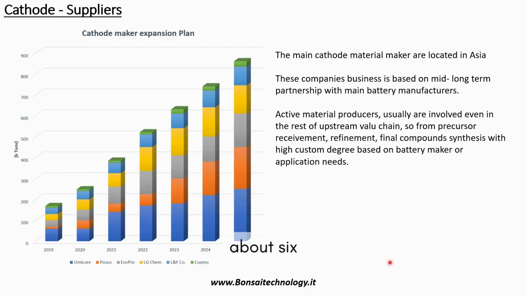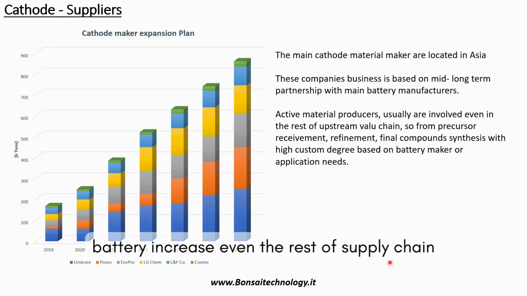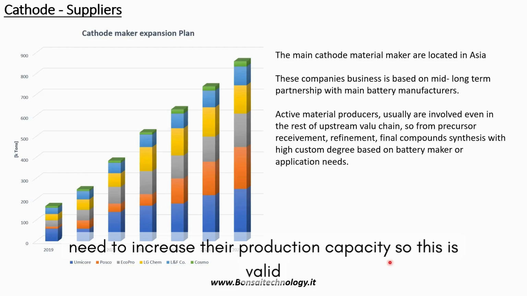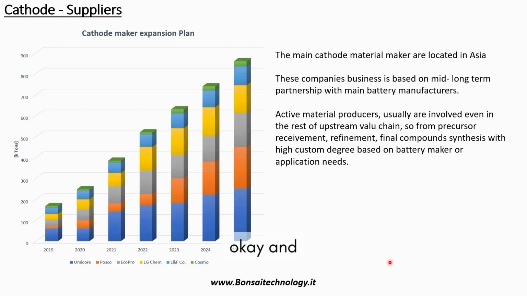So we're talking about 5 times more in just 5 years. The reason is that since the production capacity of lithium batteries increases, even the rest of the supply chain needs to increase its production capacity. This is valid for the cathode, but even for the anode.